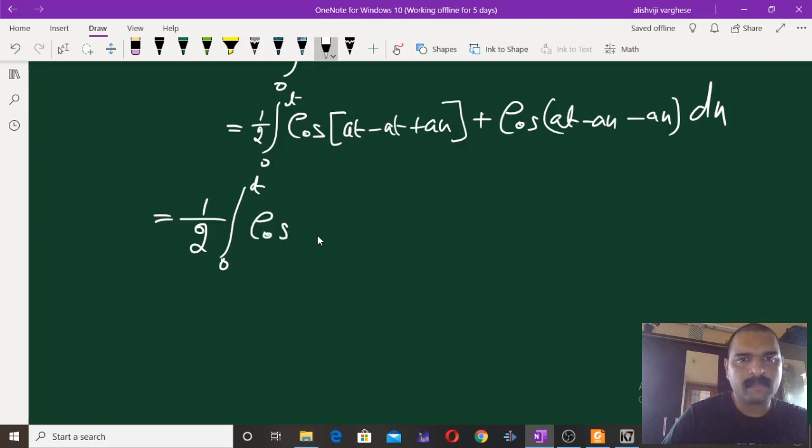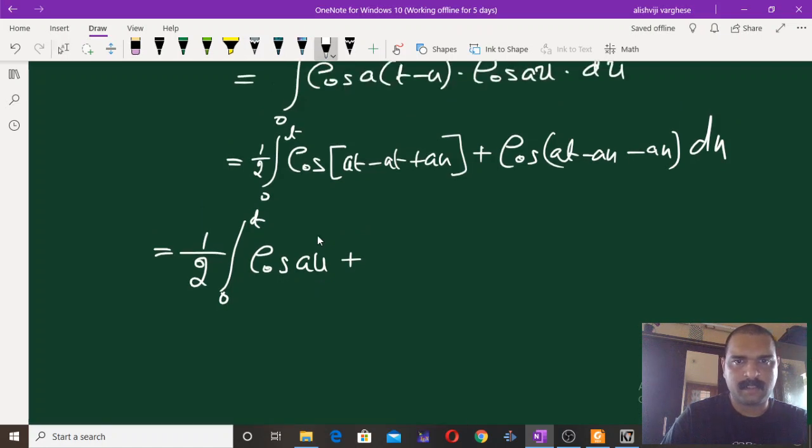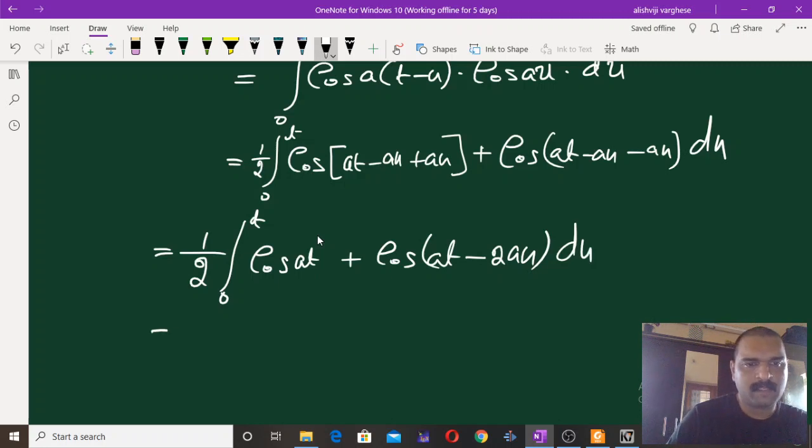Here, while simplifying, minus au and plus au get cancelled, and this is cos at plus cos of at minus 2au du. Now what remains is the integration.